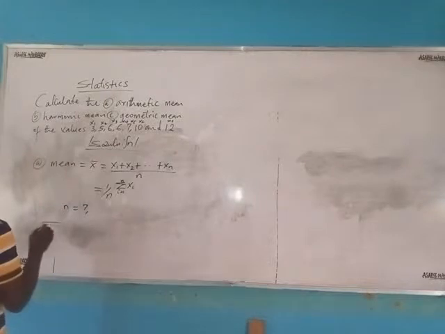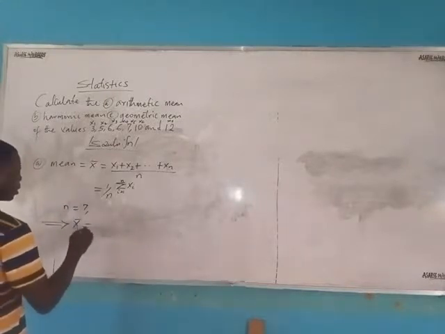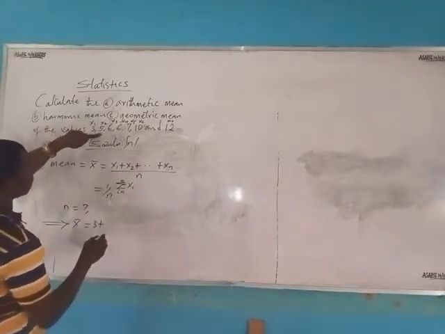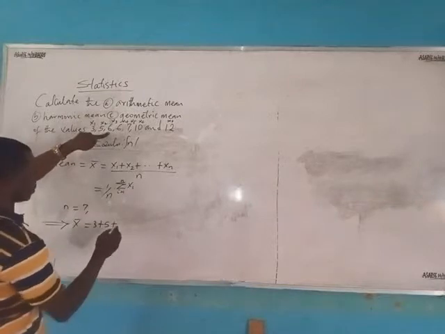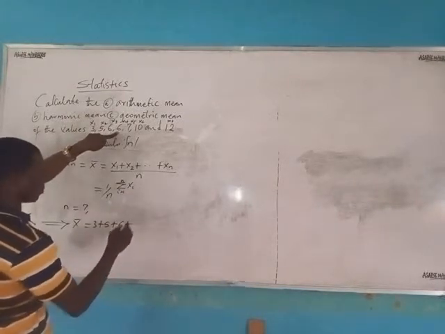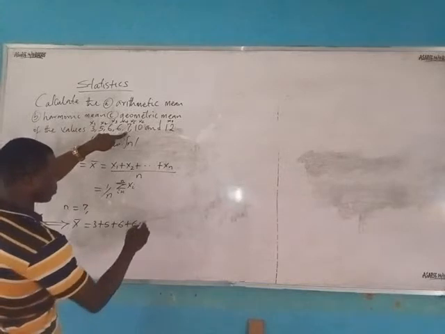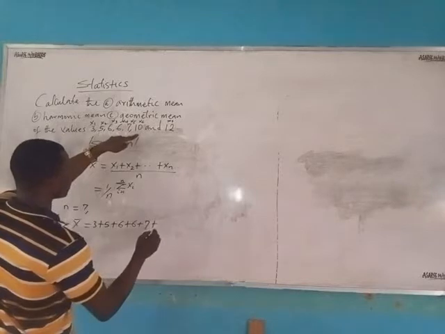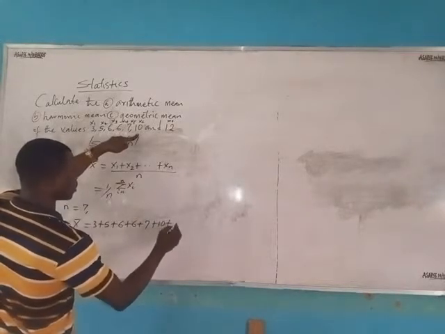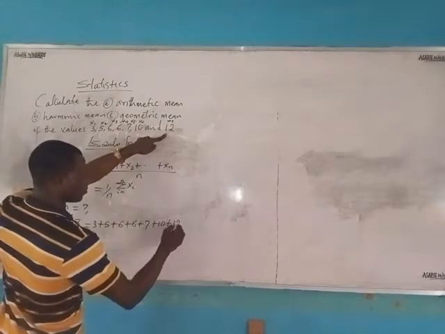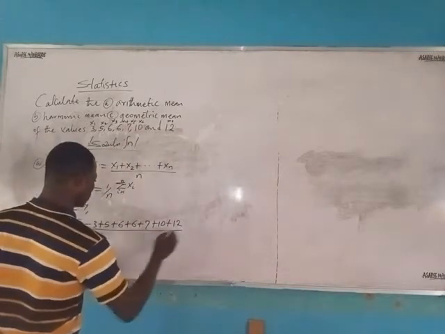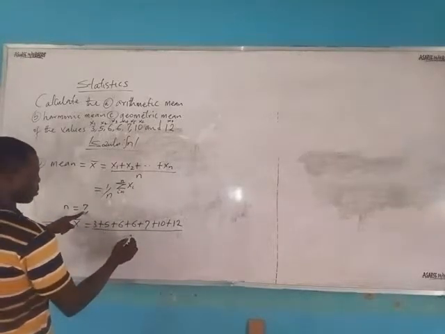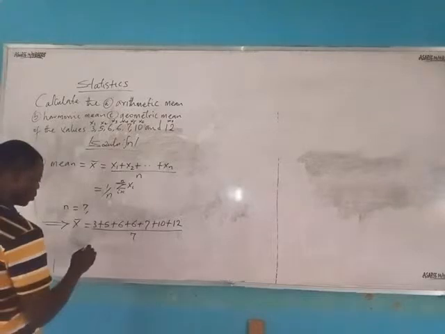So we can easily calculate the mean as x bar equal to x1 is 3 plus x2 5 plus 6 plus 6 plus 7 plus 10 plus 12, all over the number of observations, which is 7.